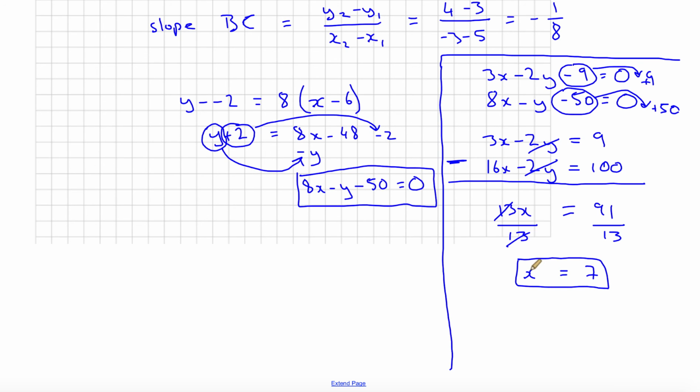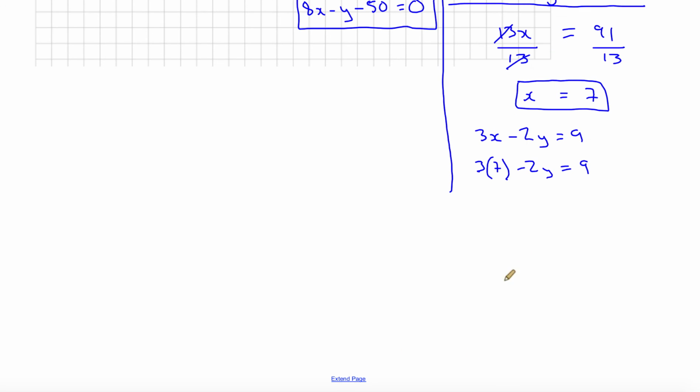And then I'm just going to sub that back into one of the equations. I'm going to sub it back into the equation of the first line, which is 3x minus 2y equal to 9. So replace the x with 7: 3 7s minus 2y is equal to 9. So that's 21 minus 2y equal to 9.